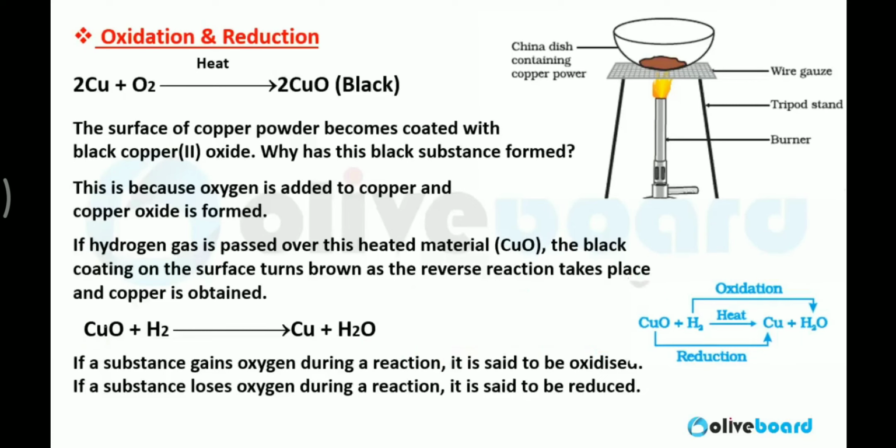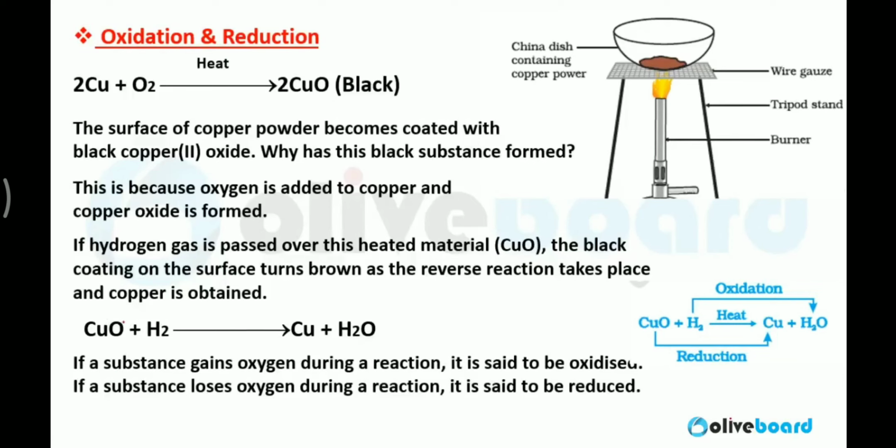Now try to understand. This is copper oxide, and when you treated this black copper oxide with hydrogen gas, this copper oxide loses its oxygen and converts into copper.